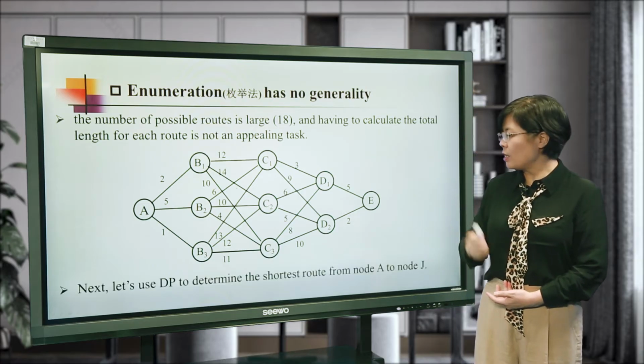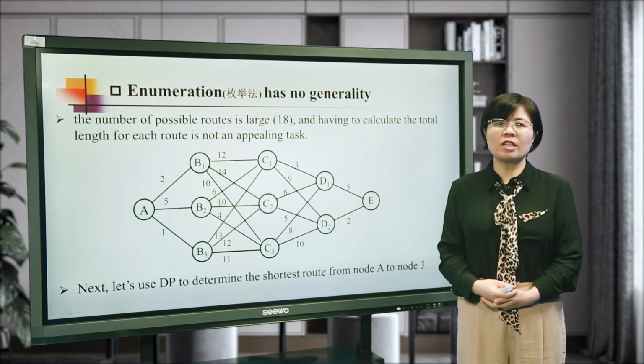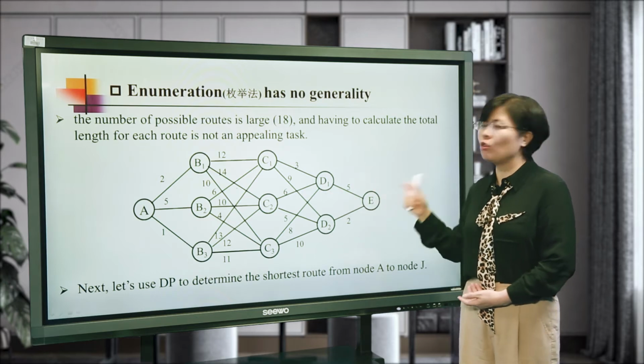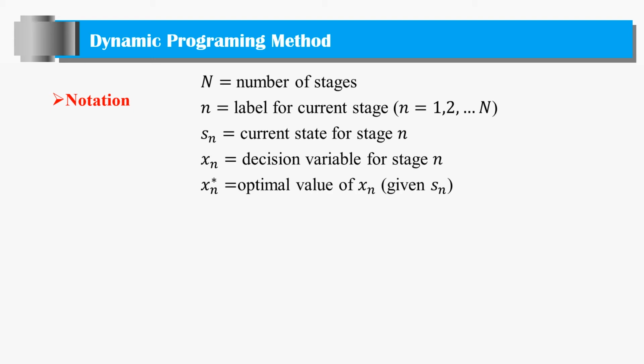Now let's use the DP method to determine the shortest route from node A to node E. Before we start this method, we need to give some notation. N denotes the number of stages, and n is the label for the current stage, 1, 2, 3 to N. Sn is the current state for stage n, xn is the decision variable, and xn star is the optimal value.